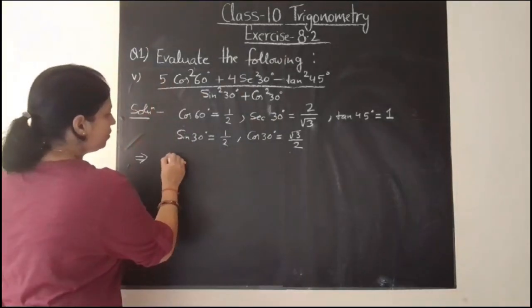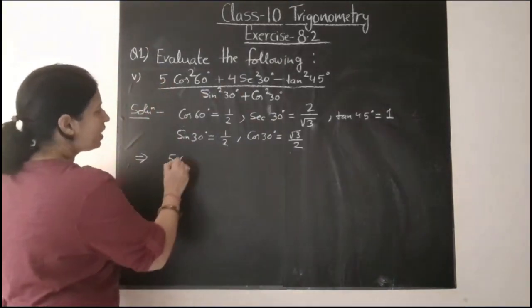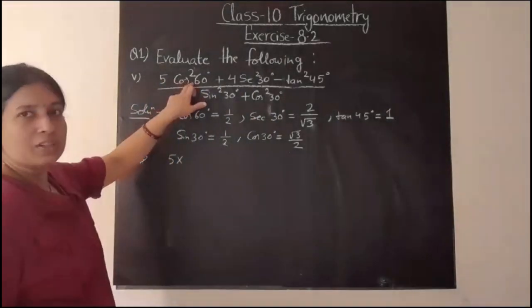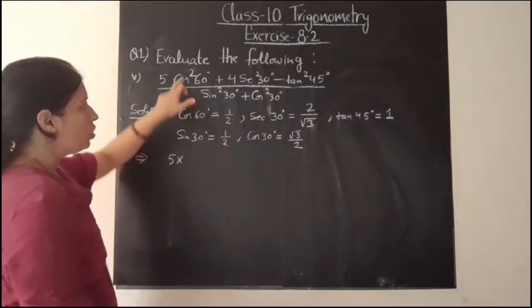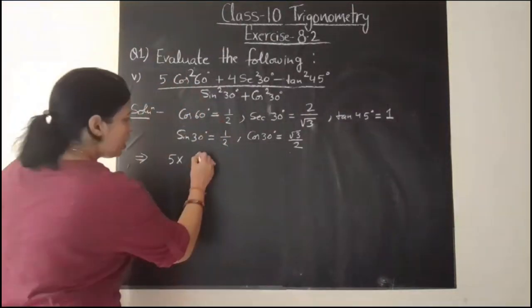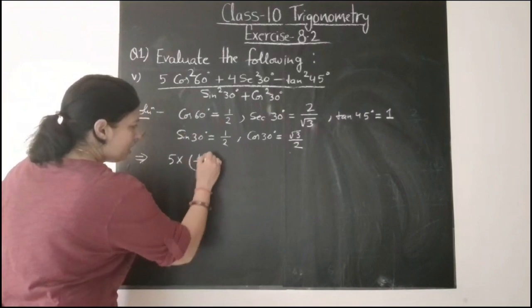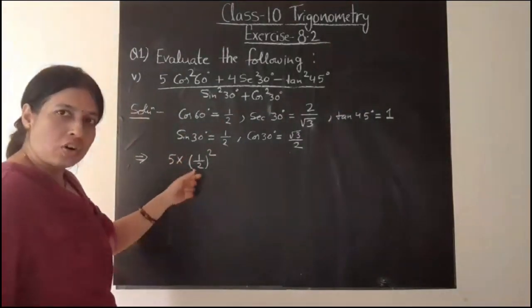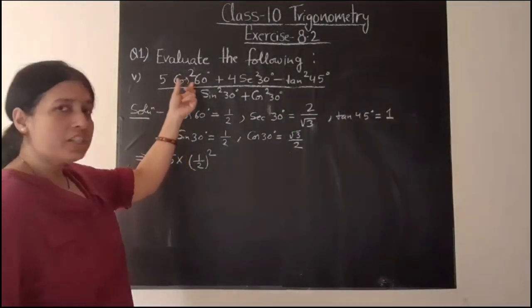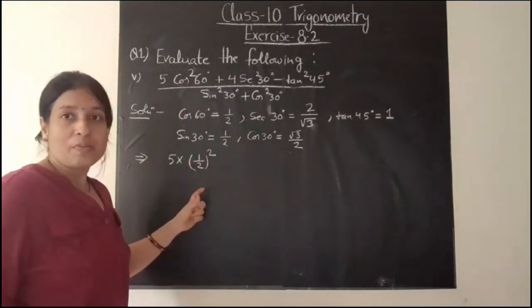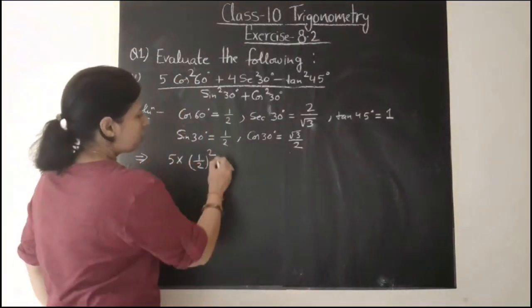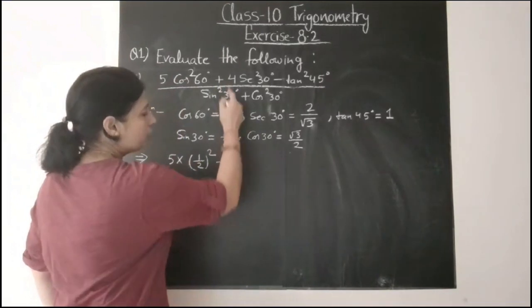First write 5. Write sign of multiplication. Cos 60. What is cos 60? 1 by 2. Here it is given square. So write here square of 1 by 2, because cos 60 is 1 by 2. So cos square 60 will be square of 1 by 2. Plus, right here 4.